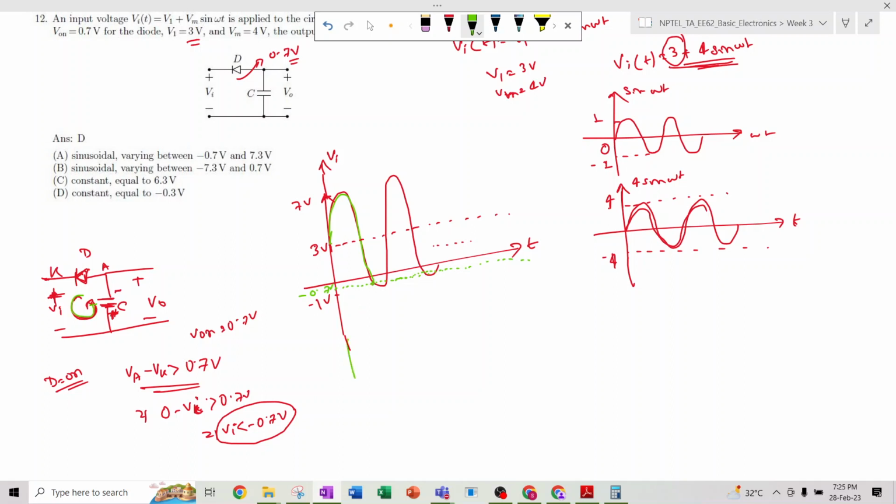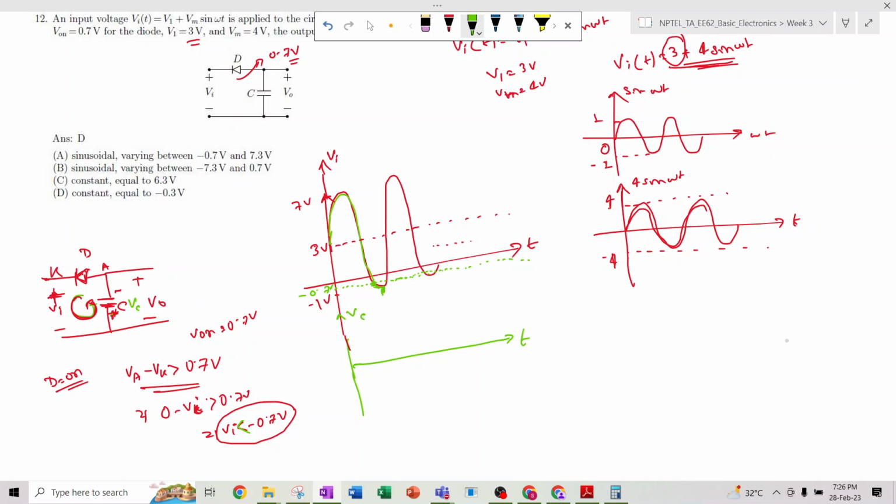After this minus 0.7 volt, the current starts flowing, right? So now the capacitor, if we consider the voltage across the capacitor is Vc, then the current flows whenever Vi is less than minus 0.7 volt, so throughout this cycle the current flows till this maximum value.